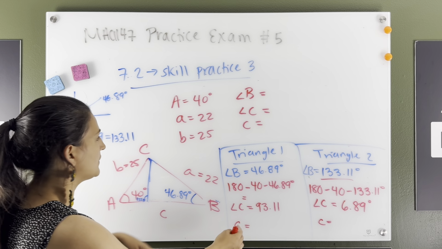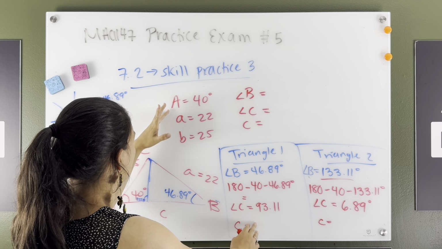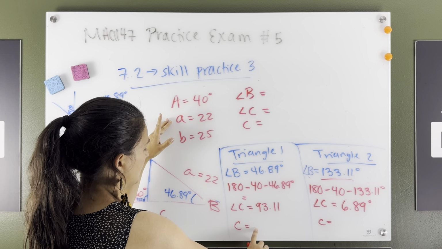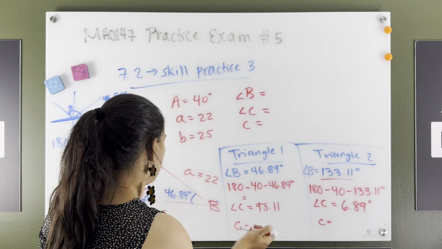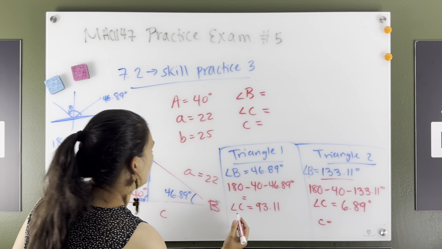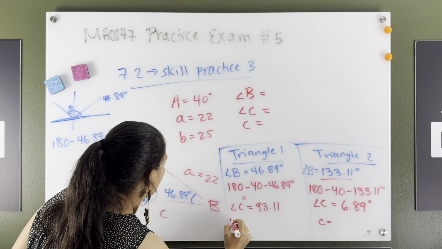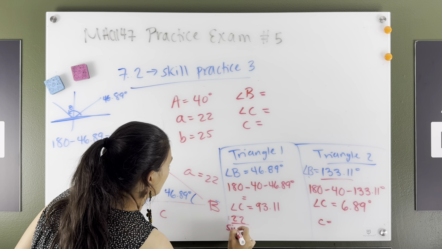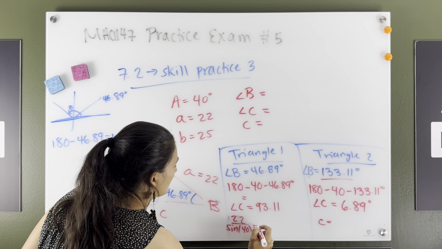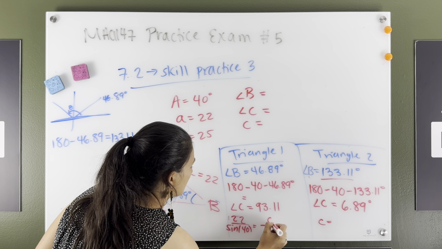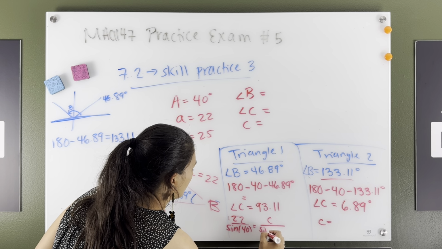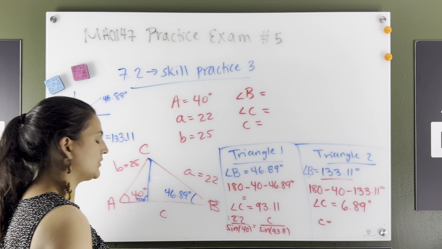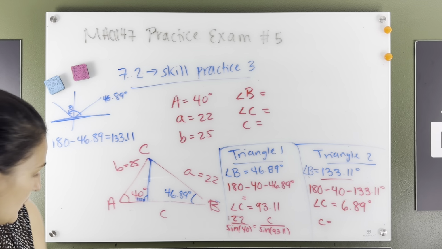So you can use the fact that they give you A, and then you can use angle C and get side C. So you can set it up as side A over sine of angle A equals side C that I'm looking for, over sine of angle C, which we already found to be 93.11. Once you do the algebra, you should get your answer.